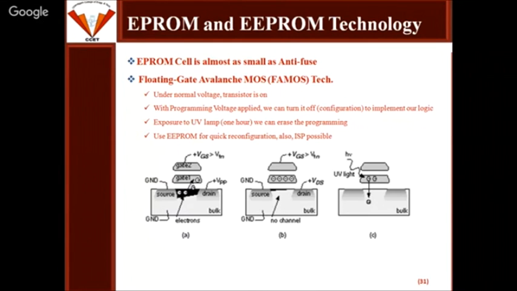E square PROM, you can easily understand that if there is a current, then the whole thing will be vanished. It is electrically erasable. But UV, it is accepting the light and then performing some operation, so there should be some provision for the acceptance of light.